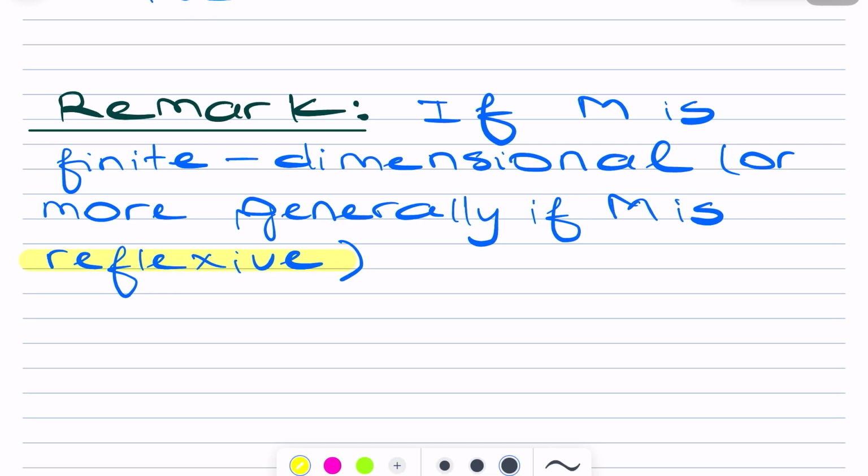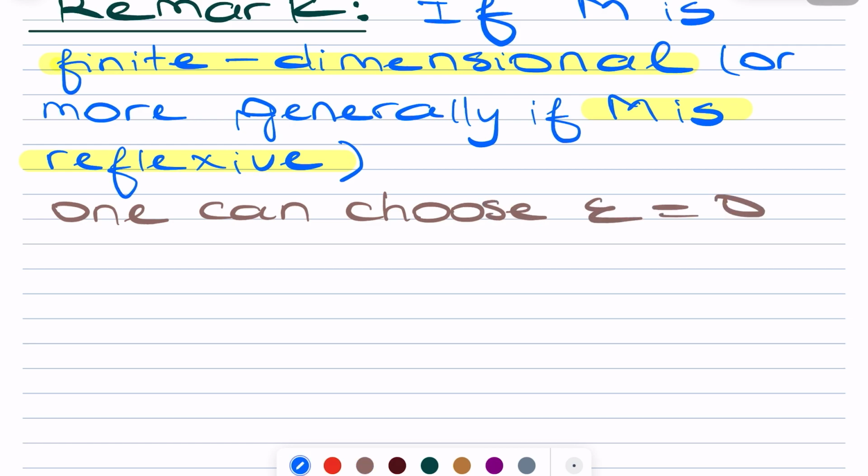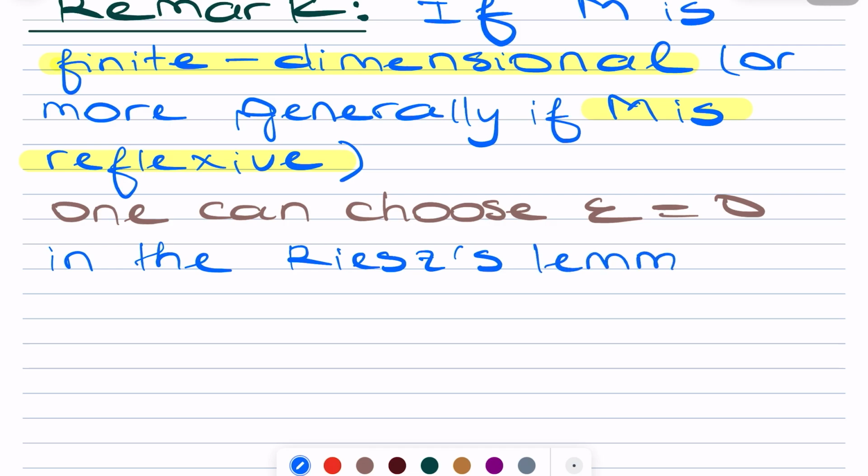So if M is reflexive, marginally, so finite dimensional, one can choose epsilon to be 0 in the Riesz Lemma above. So let me just highlight.